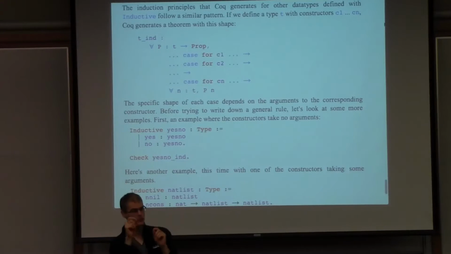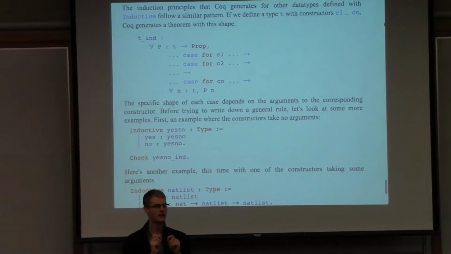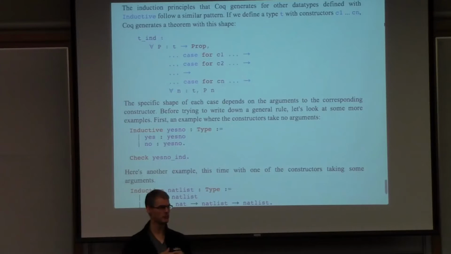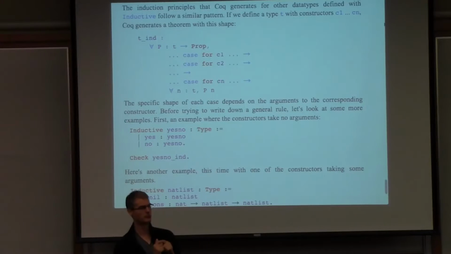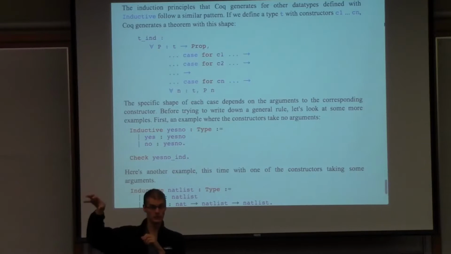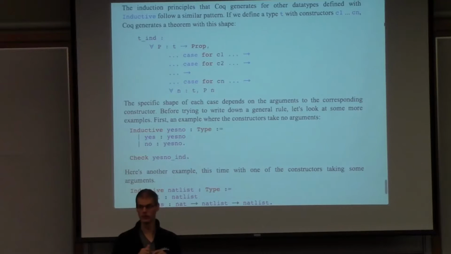A proof that your property holds will come along with every one of the arguments to the constructor that has the inductive type. So you don't get it for the number, you do get it for the list. And then you're supposed to show that if we use that constructor to build a new list out of that number and that sublist, then it has the property that we're trying to show.